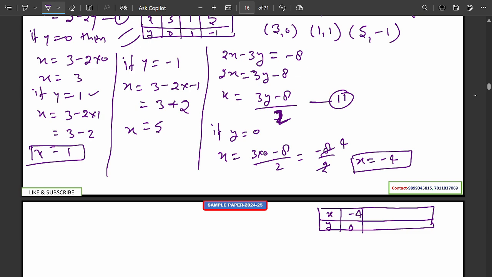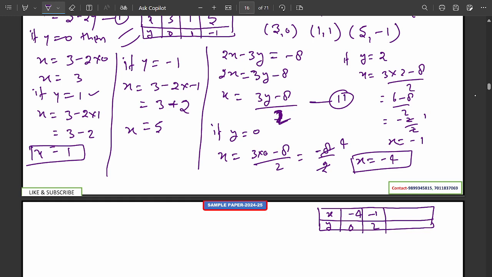And same as it is, suppose if y is equal to 2, then x is equal to (3 into 2 minus 8) over 2. So this is (6 minus 8) over 2, which is minus 2 over 2, minus 1. So if y is equal to 2, x is equal to minus 1.